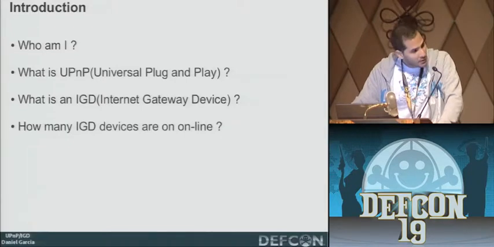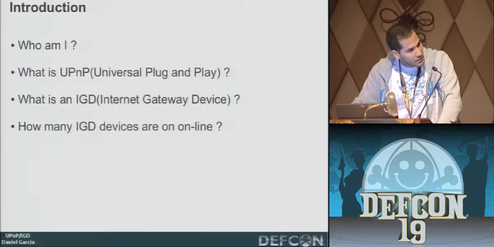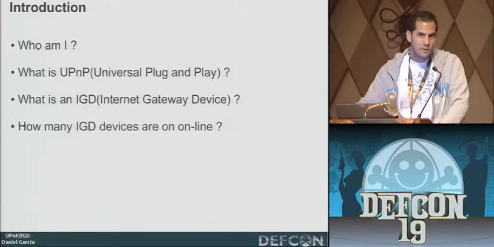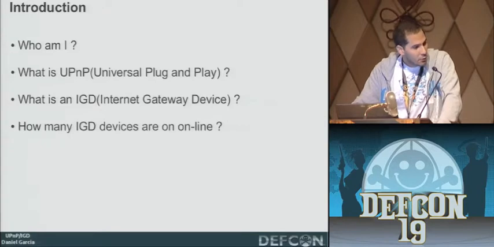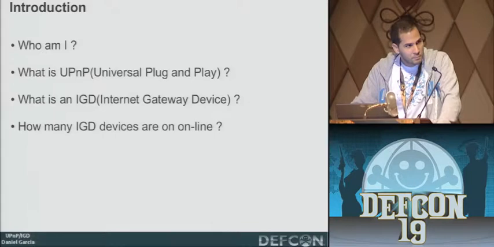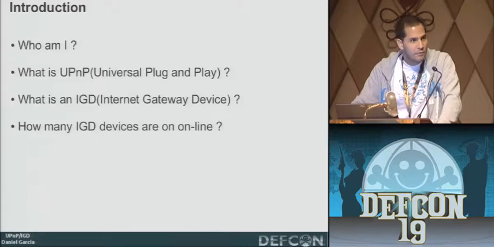We're going to talk specifically about IGDs, or the part of UPnP that works with networking devices. As you probably suspect, to make network devices work seamlessly, you need NAT traversal. Raise your hands if you were in the Dan Kaminsky talk?